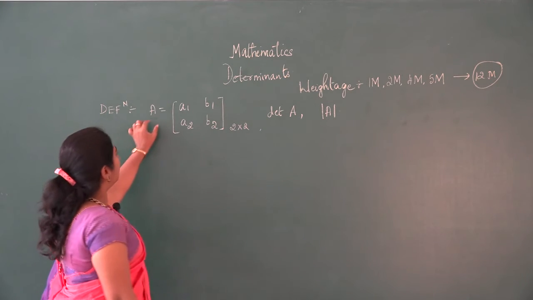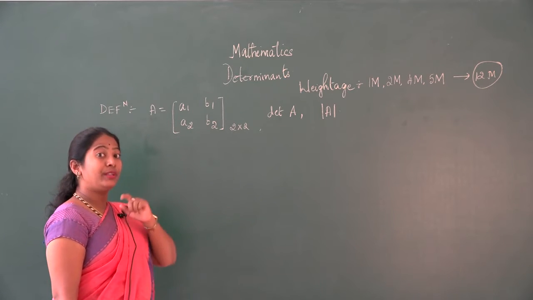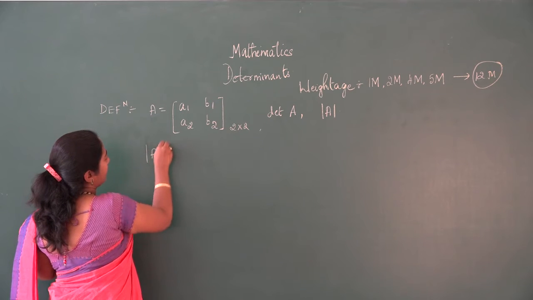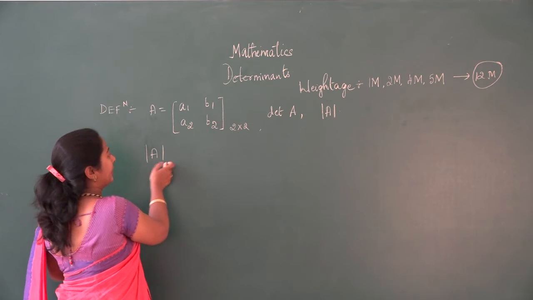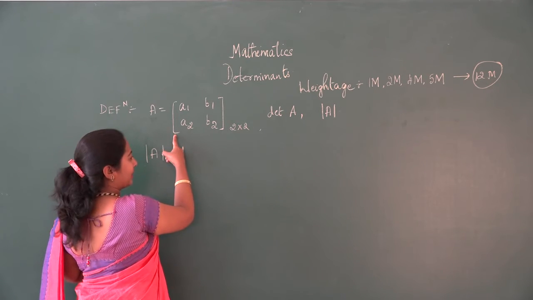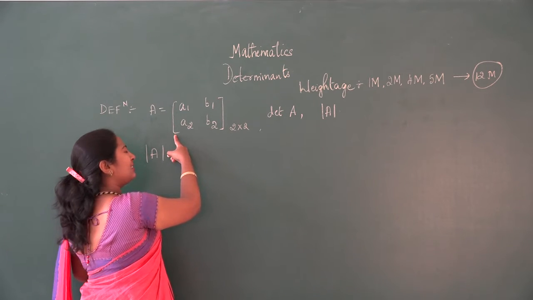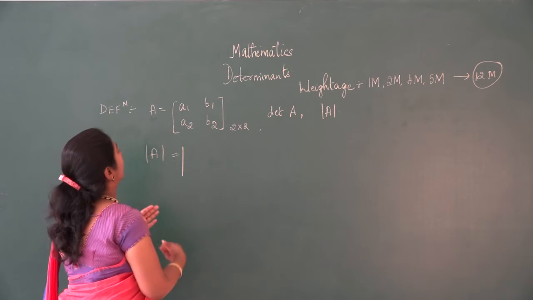So, if A is a matrix containing the elements A1, B1, A2, B2, how do we write determinant A? Determinant A, read as det A, is equal to this. Matrix elements are enclosed within square brackets or braces, but how do we write the determinant symbol?